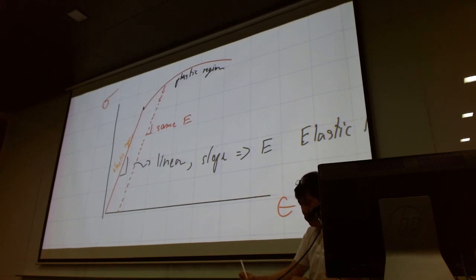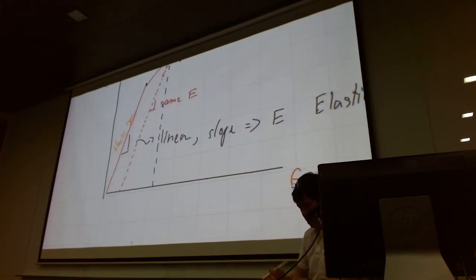And then what happens here is that part of the deformation is being recovered. So this part is a strain that can be recovered, so we call that elastic strain. And this is the strain that cannot be recovered.